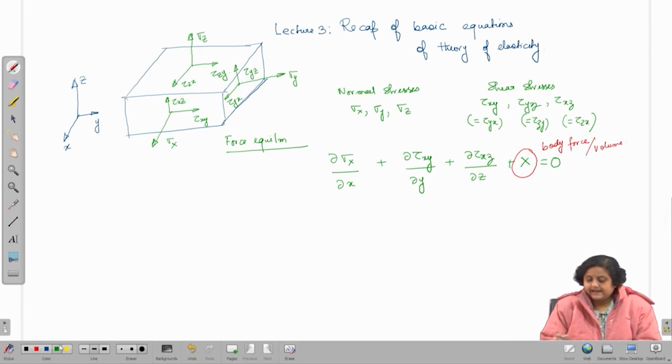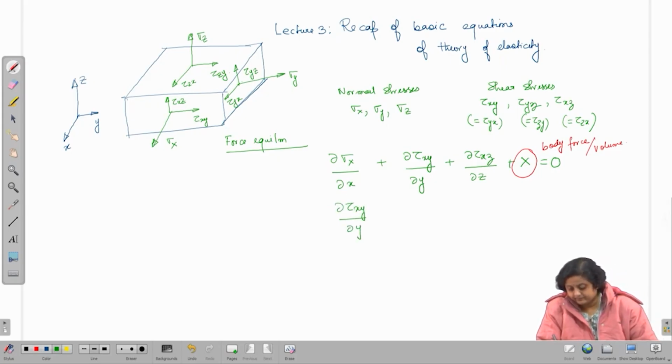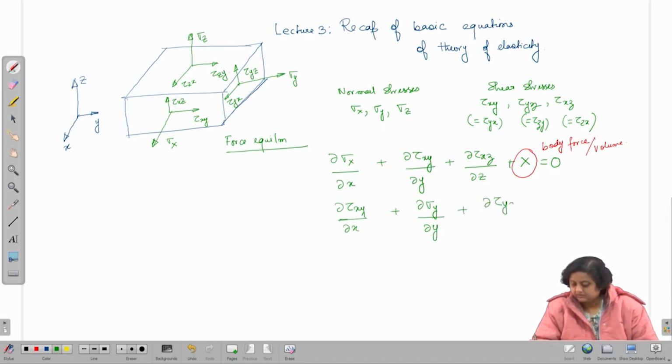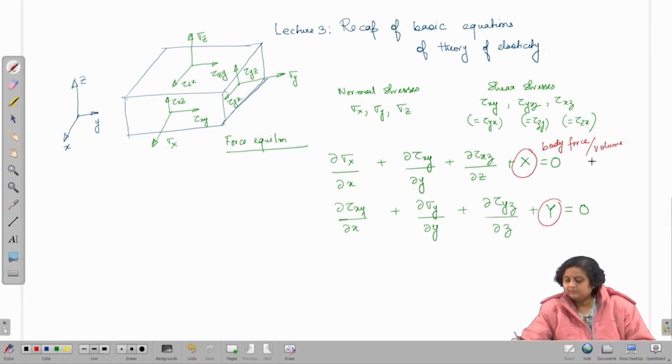So, this is the body force per unit volume. Then similarly, I have two more equations, where Y is the body force per unit volume in y direction.